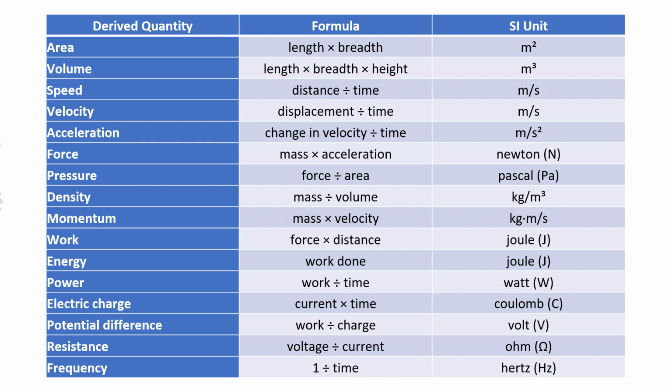You can pause the video and write everything inside your notebook: the speed, the velocity, the area, the pressure, the formulas, because they are derived quantities, and the unit is necessary too. We call it a derived unit, just as we have fundamental quantity and fundamental unit.